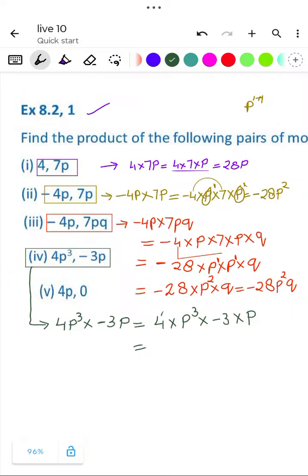On multiplying the digits, we will get negative 12, and p cube times p. This is negative 12 and powers will add. So 3 plus 1 will be 4. So the answer is negative 12p to the power 4.